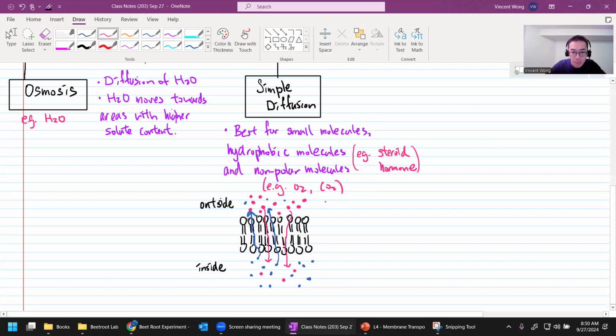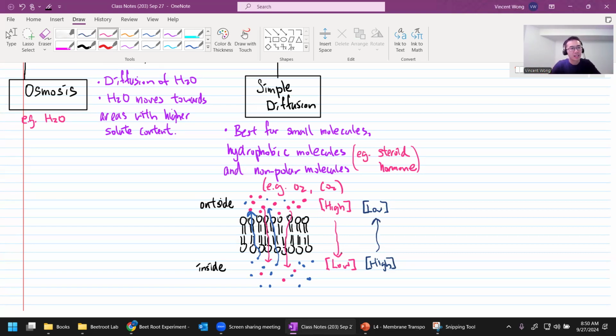So pink is high on the outside and low on the inside. And for the blue, it is low on the outside and high on the inside. So that's why the blue is going out, and the pink is coming in. Does that make sense to you guys at all? Any questions?